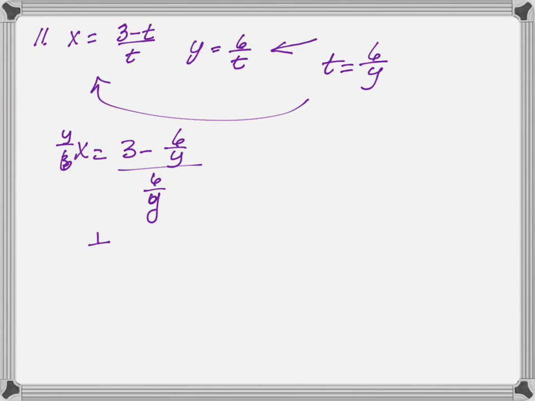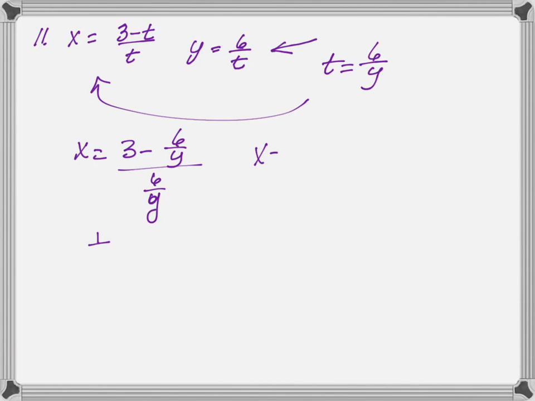Hang on, maybe I'll do it this way. I'll simplify this side first. X equals 3y over 6. Am I doing it too fast?